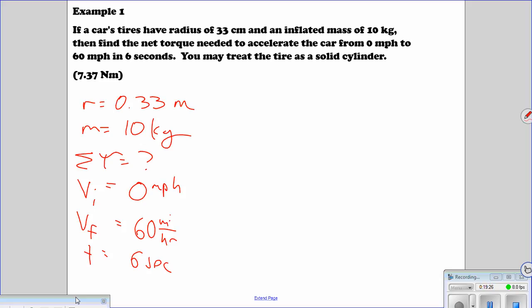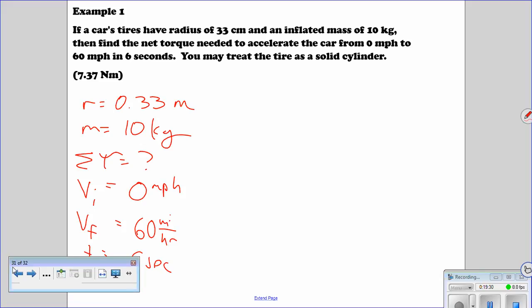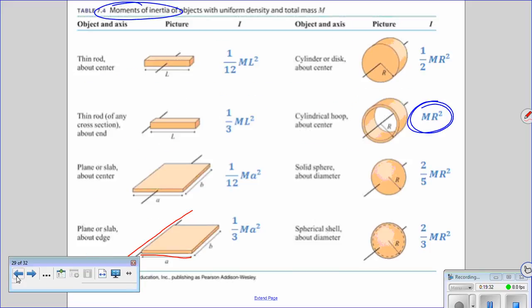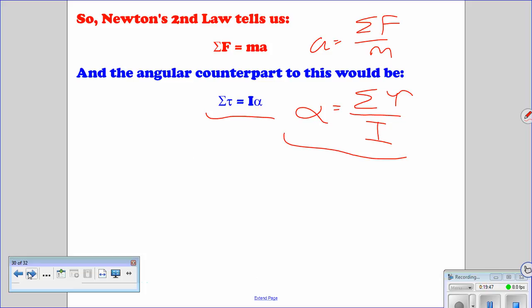Why did I give you that piece of information? So you know which one of the formulas to use. So, solid cylinder. That's this one, 1/2 mr squared. Now, is that going to be truly accurate? It's not perfect because the distribution of the mass isn't uniform, but it's our best approximation, okay?